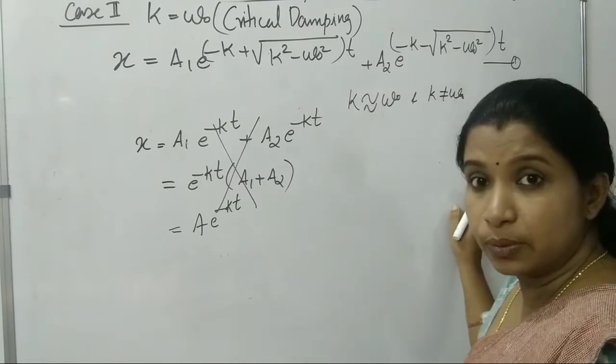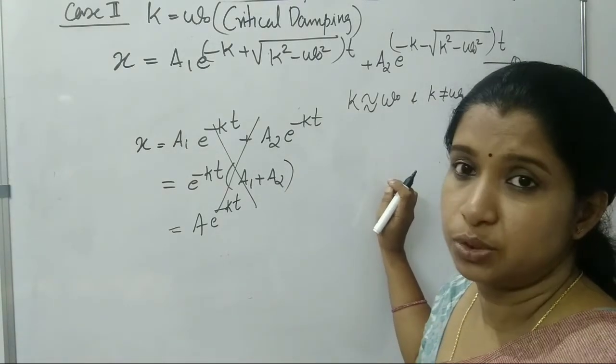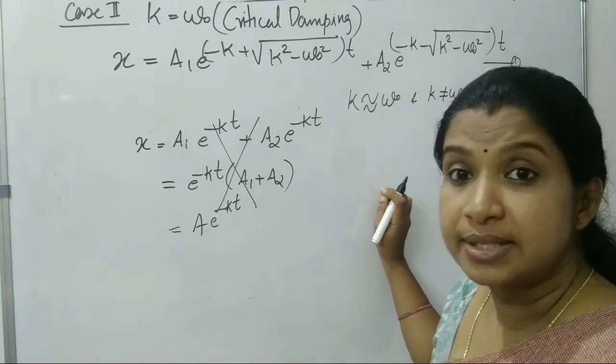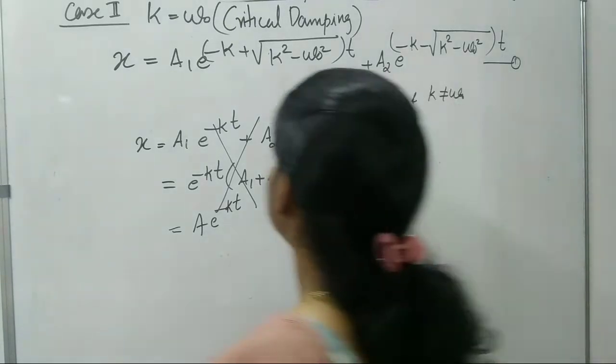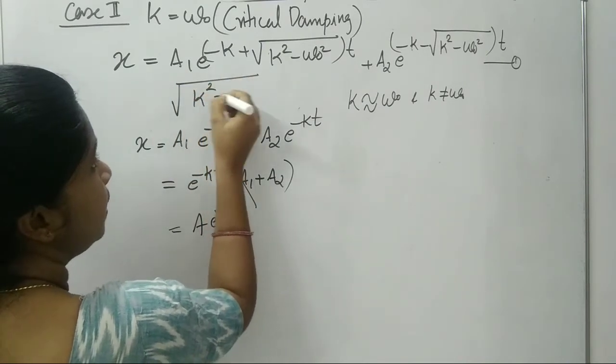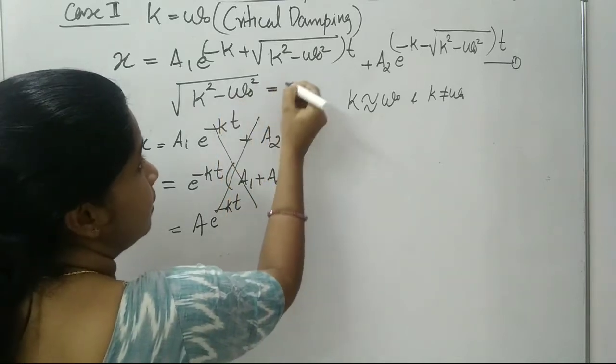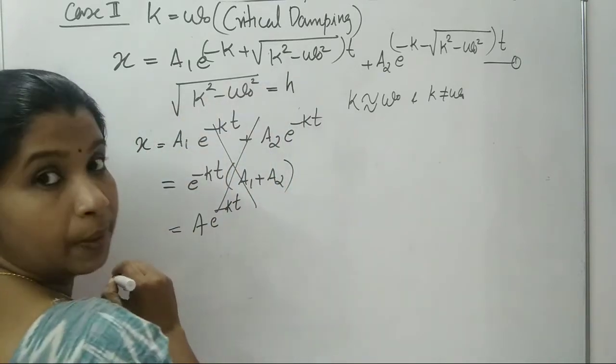It is not exactly equal, but it is nearly equal. But there is a small difference between these two frequencies. Here we consider that small difference. That is, if there is a small difference between k and omega 0, we take the difference, we get that small value as h.